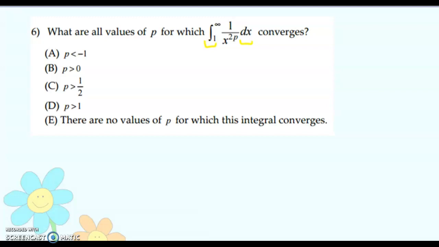The summation form and the integral form are two things that'll flip-flop back and forth. So I've got x to the 2p, so it kind of looks like a p-series. We're looking for values that converge, and for a p-series, it'll converge as long as the exponent is greater than 1. So I need 2p to be greater than 1, so p greater than 1/2.